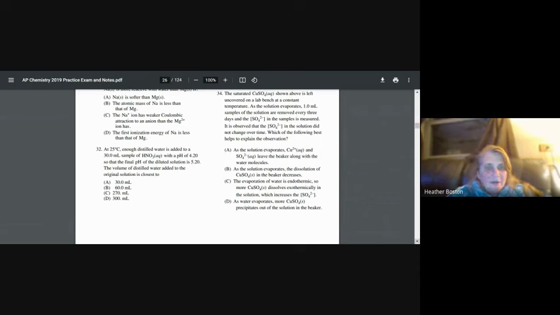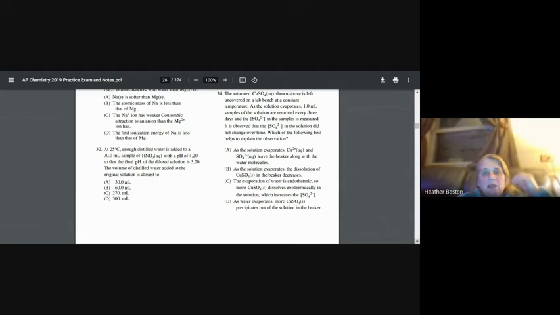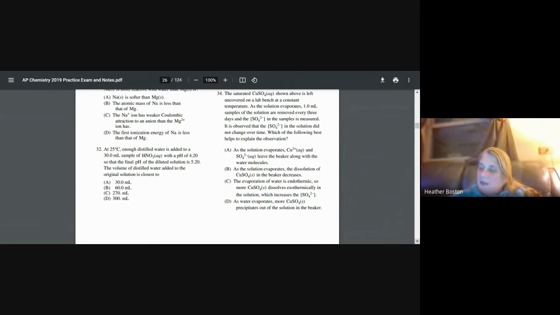Number 32. Enough distilled water is added to a 30 milliliter sample of HNO3, which is a strong acid. It has a pH of 4.2, and the final pH of the diluted solution is 5.20. So remember, pH is power of hydrogen. The power of hydrogen in this case differs by a factor of 1. When it refers to powers as an exponent, a difference of one exponent is a difference of 10 times.